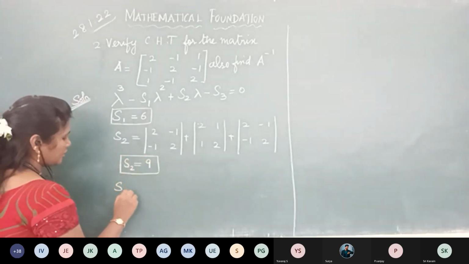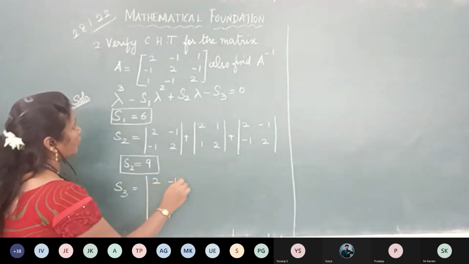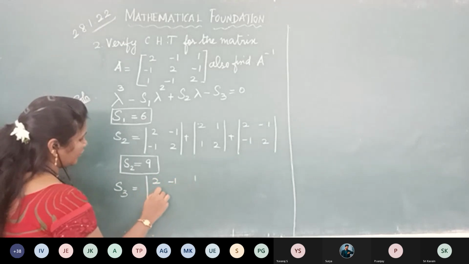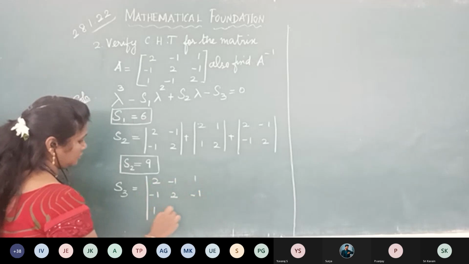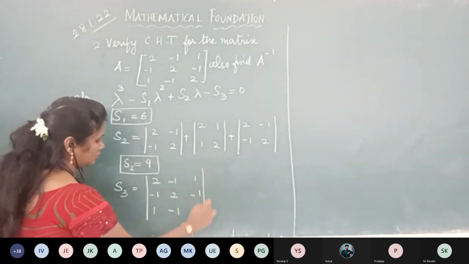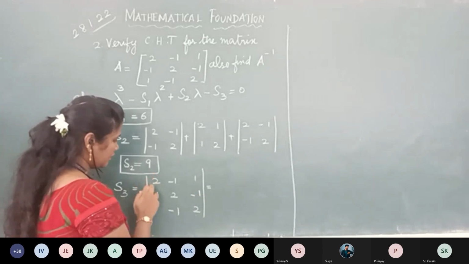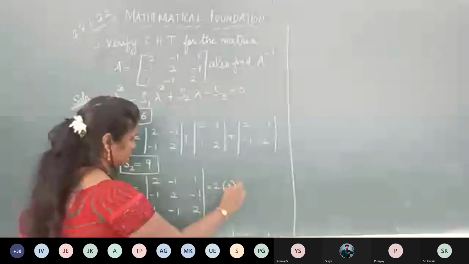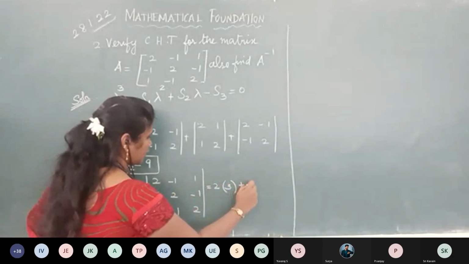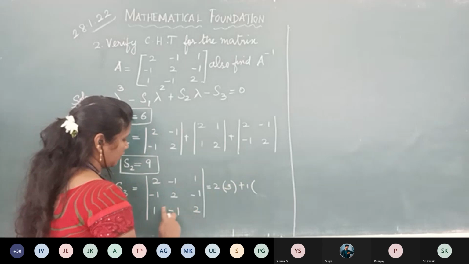Next we have to find out your S3, which is the determinant of A. Many had gone wrong in the determinant of A. Be very careful when you find out your determinant. You will take this value 2 into, you multiply this 4 minus 1, which will become 3, minus into minus plus 1 into minus 2 plus 1, minus 2 plus 1.